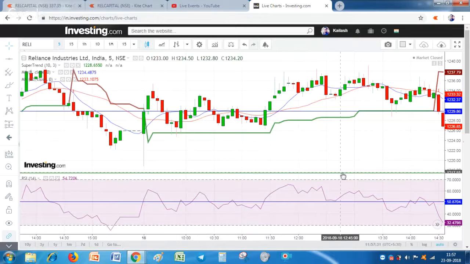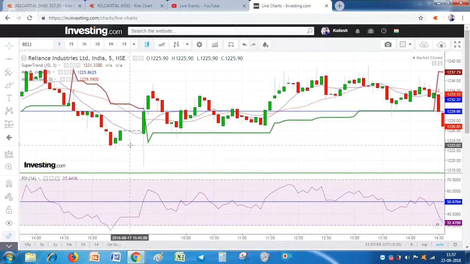People do that, and that way they face a lot of loss. Once the stock starts moving down, how far down it goes, nobody knows. So friends, we should be ready with a proper risk to reward ratio. We should know how much risk there is, and once that stop loss level is broken, we should exit at any level.